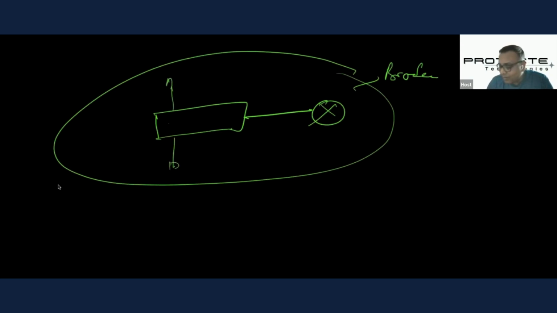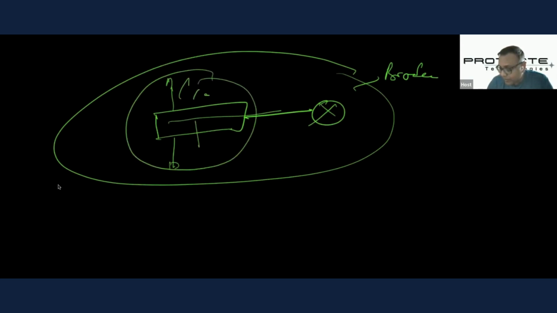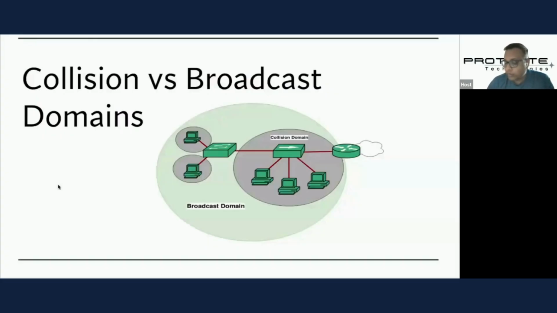Anybody can now send their data. Though a collision will happen here, this is a collision domain, but any data moving out of it is a broadcast domain, because no data will be rejected. The router will send your entire communication out, and that's called a broadcast domain. Okay.